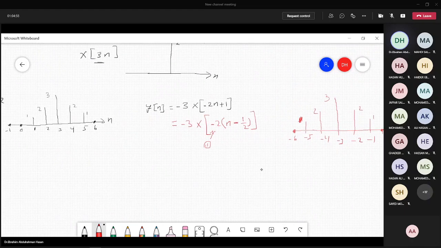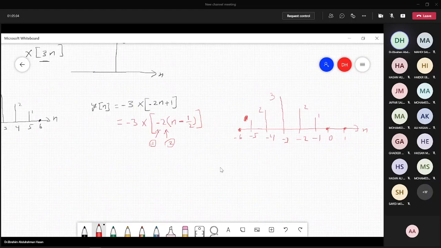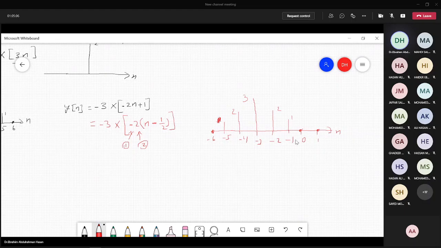Step number 2, shrink it by 2. So if you shrink this one by 2, then this one will stay at 0. This one becomes at minus 3. And this will be at minus 2.5. So I'm going to do it here directly.